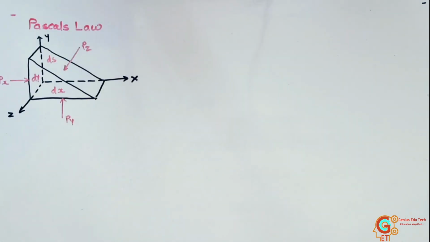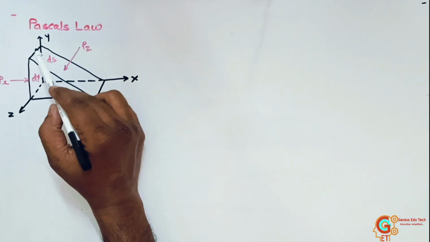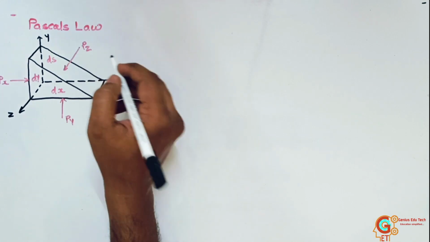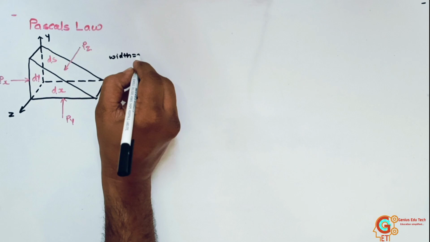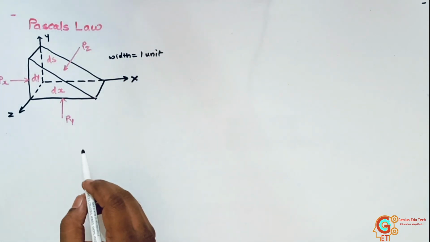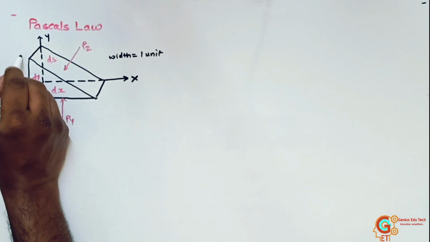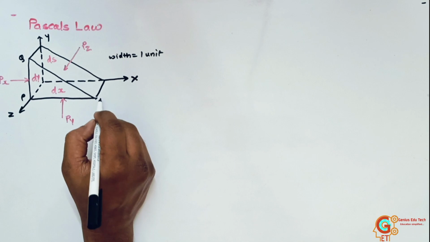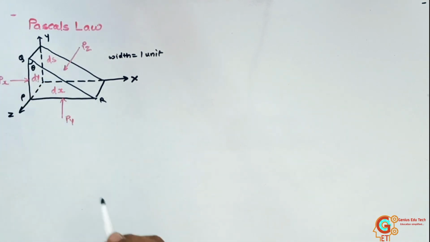To derive Pascal's law, we will consider a wedge shaped element of unity width, one unit. Let us name this wedge shaped element as P, Q, R, where the angle Q is theta.